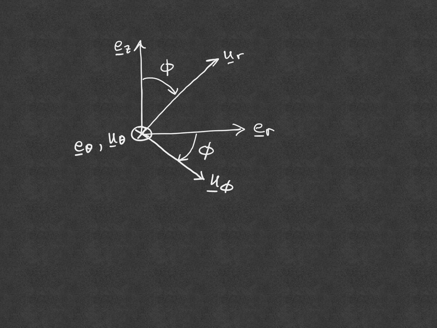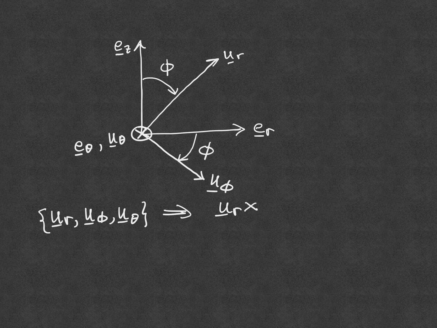They're the same. So again, the ordering of the basis is UR, U phi, U theta, which implies that UR crossed with U phi is equal to U theta. First cross with the second is equal to the third.